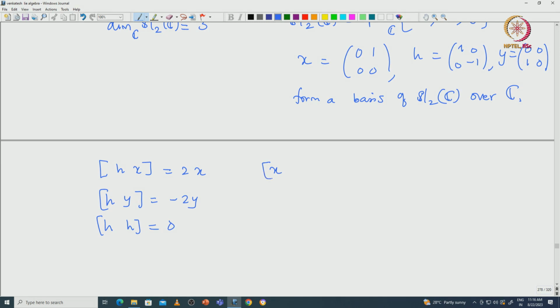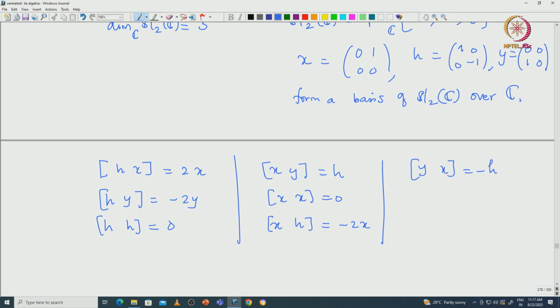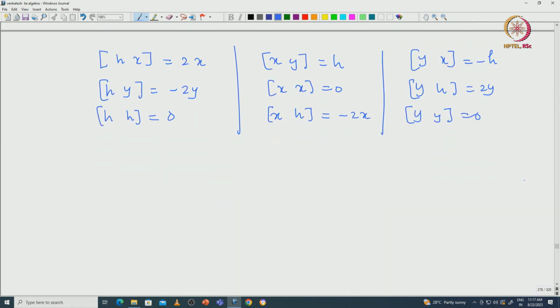So, xy will be just h, xx is 0, and xh will be minus 2x. Similarly you have yx which is minus h, yh is 2y, and yy is 0.